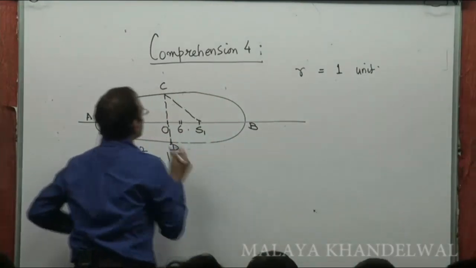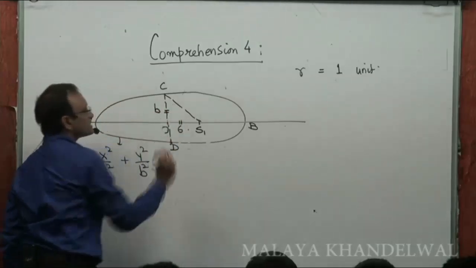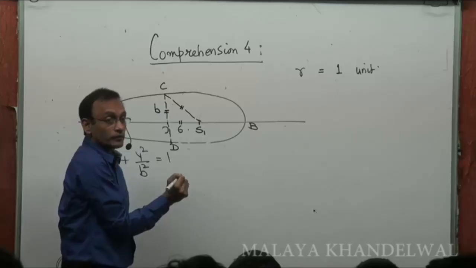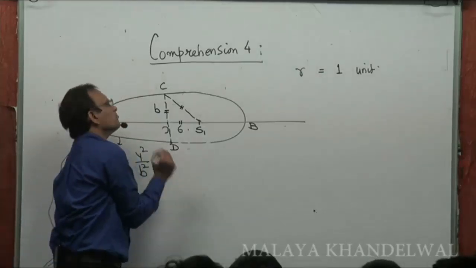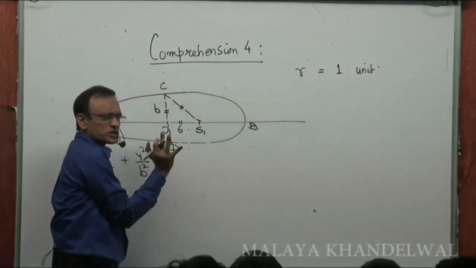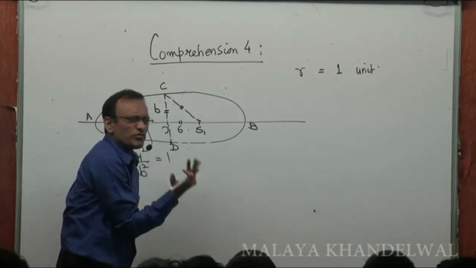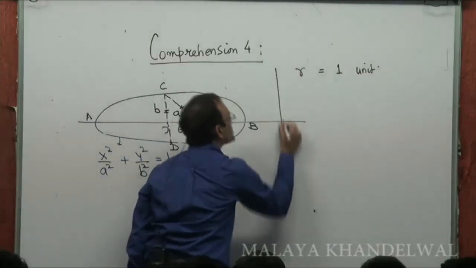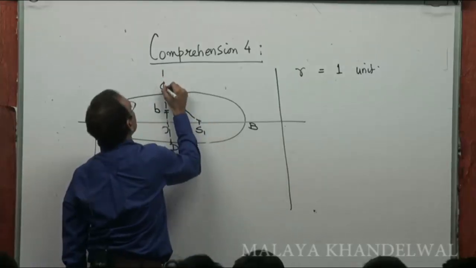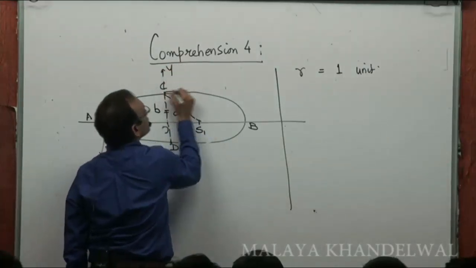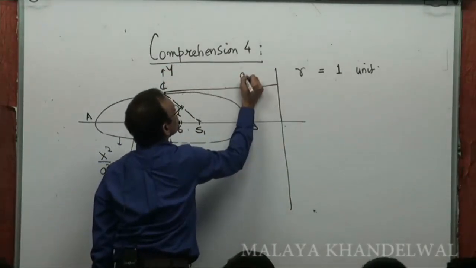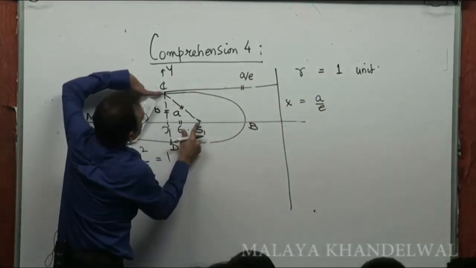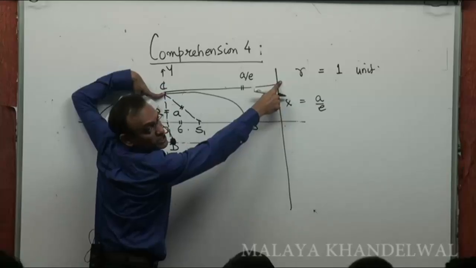Now, this of course would be B, the semi-minor axis of the ellipse. And what will this be? In terms of the ellipse, it will be A, the semi-major axis. Why? See, this is a point on the y-axis. The distance of this directrix, x equal to A by E. And the distance from the focus will be E times the distance from the directrix.